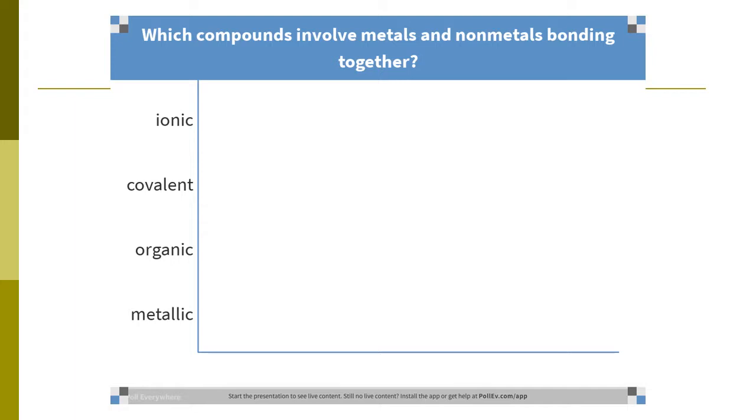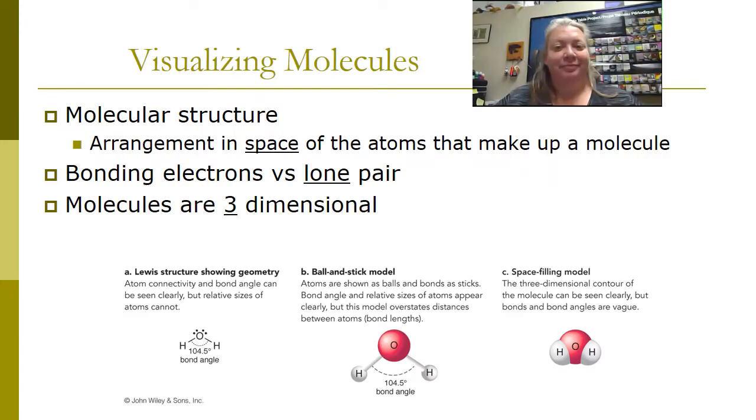Covalent is 2 nonmetals. Organic is carbon-based compounds. And metallic is something I think we'll mention later on, but we don't talk a lot about metallic. Metallic is, they don't actually form bonds between them. It's just attractions between metals. So that's a whole other section of chemistry. But metals plus nonmetals are ionic.